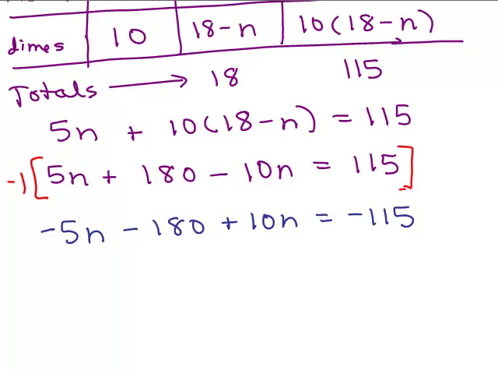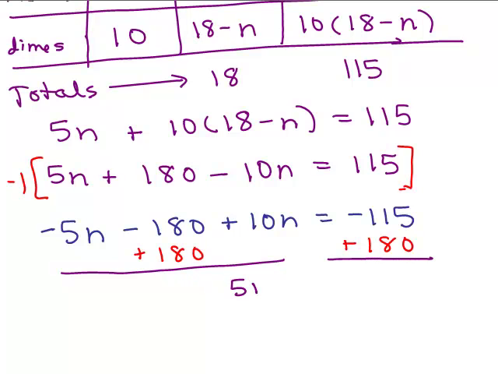And I'm going to add 180 to both sides. So I get 5n equals, then I have a negative 115 plus 180, so you have to subtract, and that'll give you 65. So we're going to divide both sides by 5, so that n is 13.